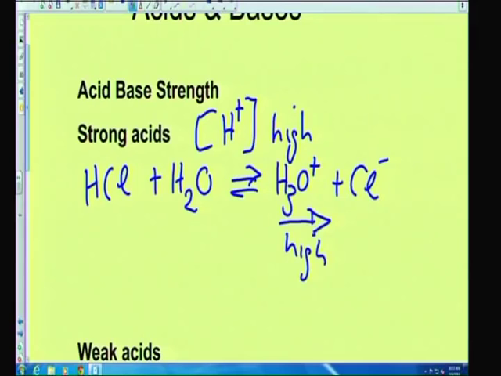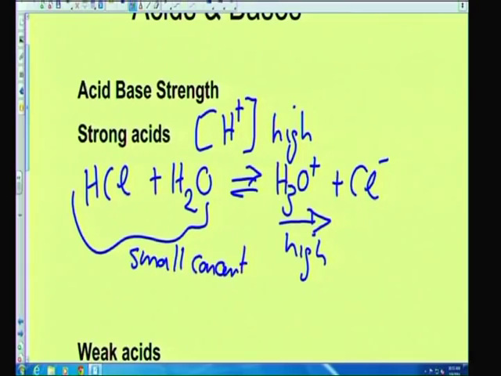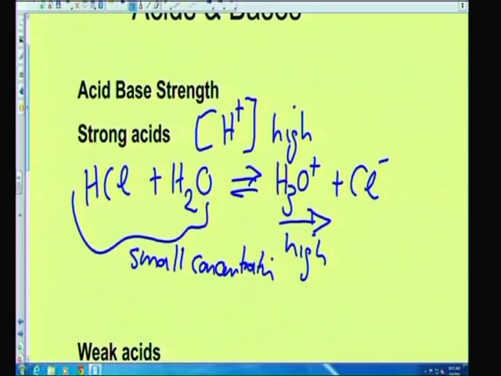In fact, there are very few molecules. There's a minority. This is small concentration. We say strong acids ionize almost completely. The stronger they are, the more they will ionize. And so in this solution of water now, you've got a predominance of H+, which means you're going to have many, many more H pluses.